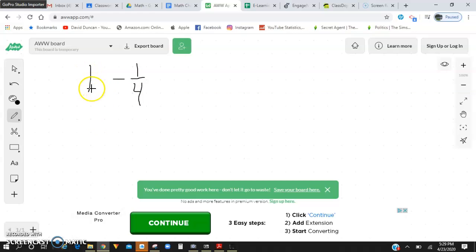So if I have 1 whole using fourths, I know that is just going to be 4 fourths, because anything with the same numerator and denominator, no matter what numerator and denominator I use, is always going to be 1 whole. I can have 20 twentieths, and that's still going to equal 1.